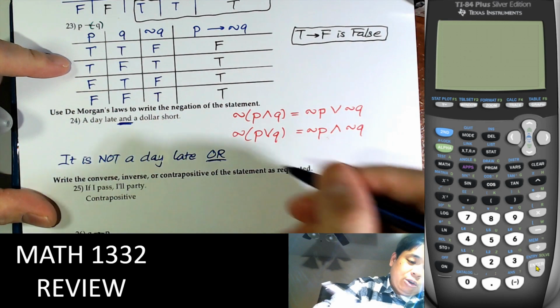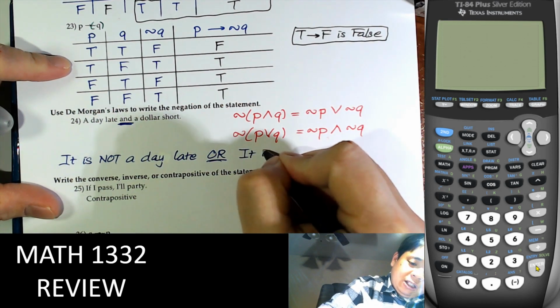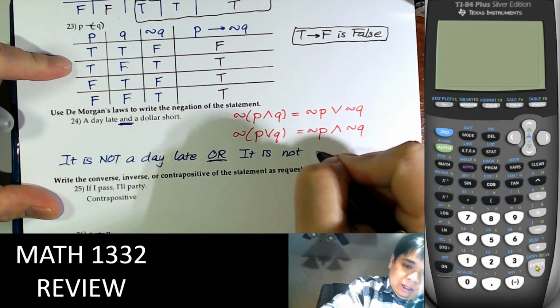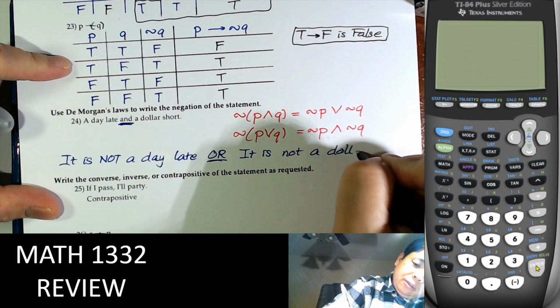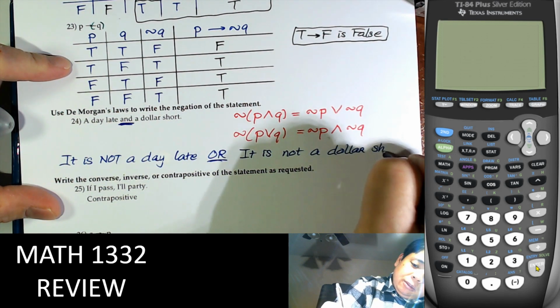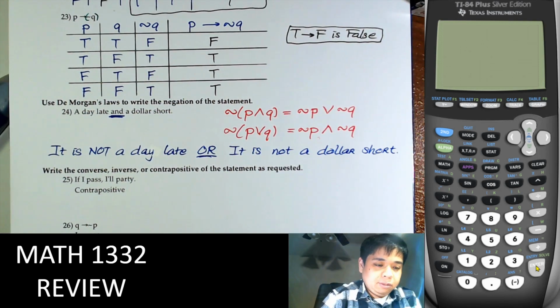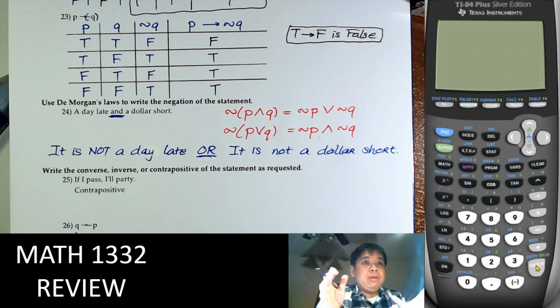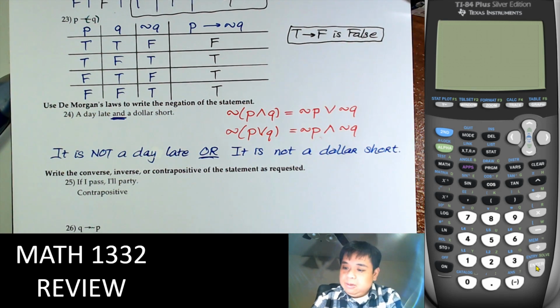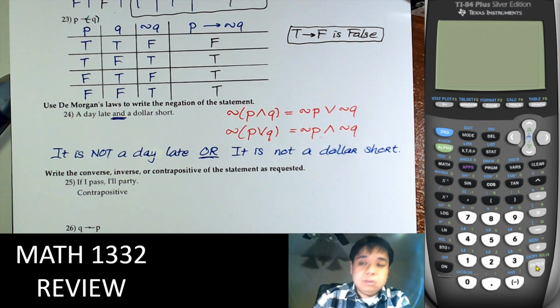So and now turns into or. It is not a dollar short. Right? So negate both of them and change the connective. That's 24.